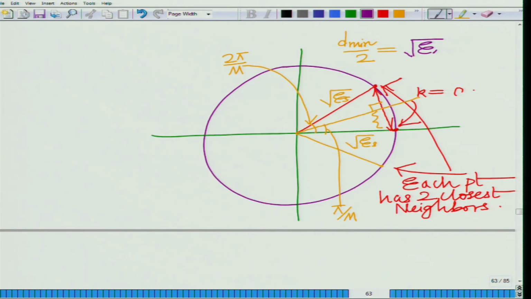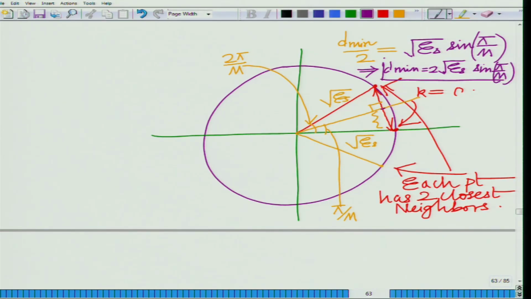That is an important result. So, this is square root of Es into sine pi by M, and this basically is your d min by 2, and therefore implies d min equals twice square root of Es into sine pi by M. That is the whole point.